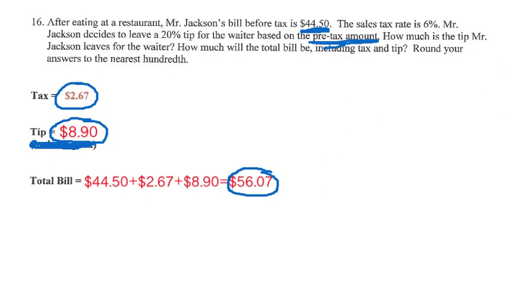So that's what you have to do tomorrow on your test. But for today's study guide, because it says pre-taxed amount, your pre-taxed amount is where you just take $44.50 times 0.20.